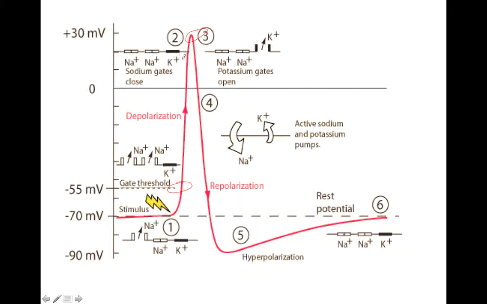Okay, eventually those sodium channels are now going to close here, and the potassium channels will open. And the potassium channels open after the sodium because they're much slower to open. Okay, this is going to kind of drive the system back to neutrality, with the sodium rushing in and the potassium rushing out.